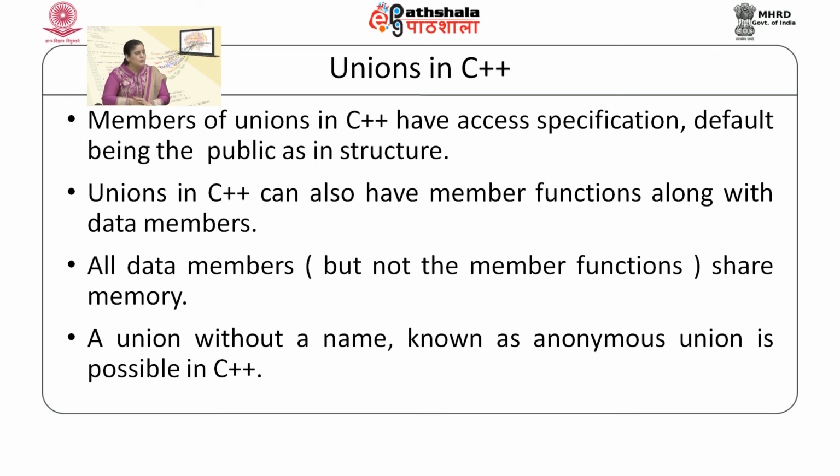In C++, one extension that we have is that it is possible for us to define a union without a name, and the union without a name is called anonymous union. As we move forward, we would see what is the use of that anonymous union, but before that let us see the syntax of union.